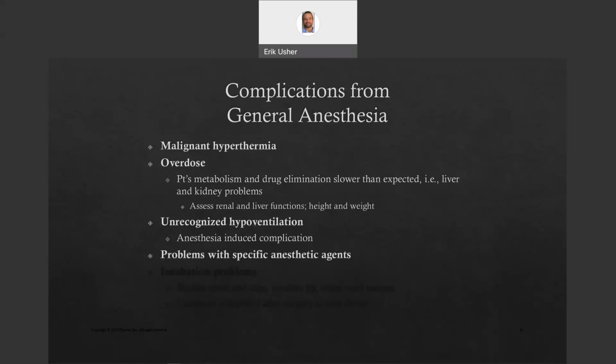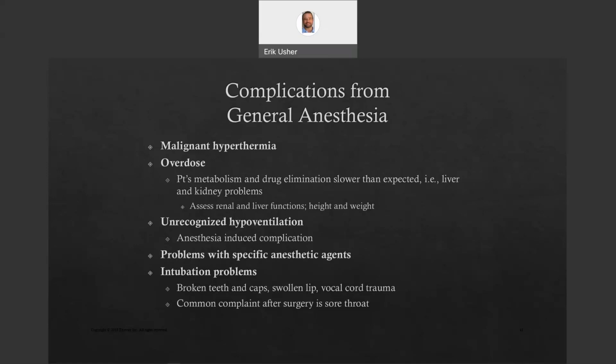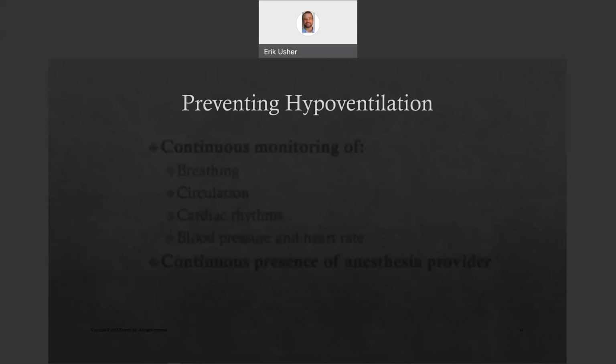Problems with specific anesthetic agents, they may have an unknown allergy. Intubation problems can range from I can't get them intubated to broken teeth, caps, swollen lips, vocal cord trauma. You know how much a broken tooth is in anesthesia? It's about $25,000 a chip on that tooth. A common complaint after surgery is a sore throat, and I can second that.